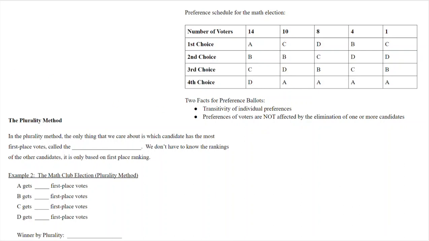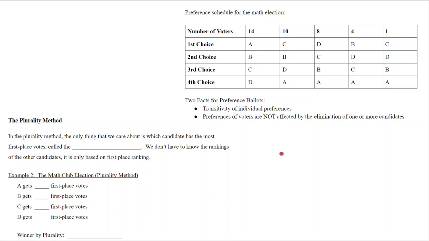So, a couple of facts about preference ballots. First is transitivity of individual preferences. So for these 14 people, A is their first choice, B is their second choice, C is their third choice. They like A better than B, they like B better than C, so they like A better than C. That's the transitive property.